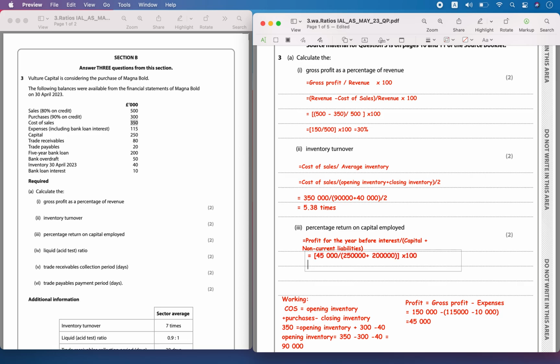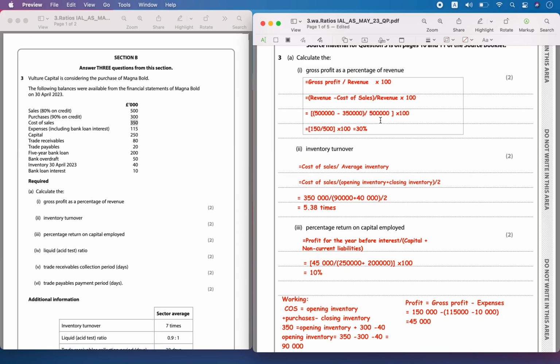So 45,000 divided by 450,000 times 100 is equal to 10 percent. You can put thousands here too, it doesn't affect anything because the thousands will get cancelled.